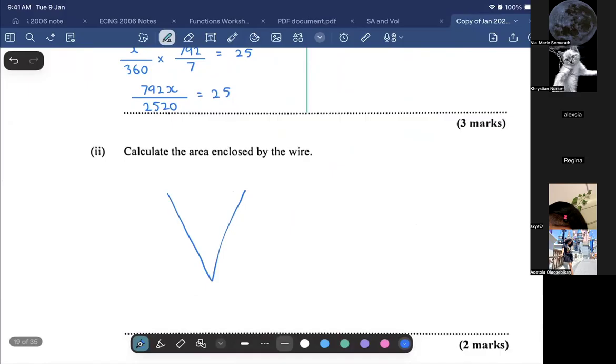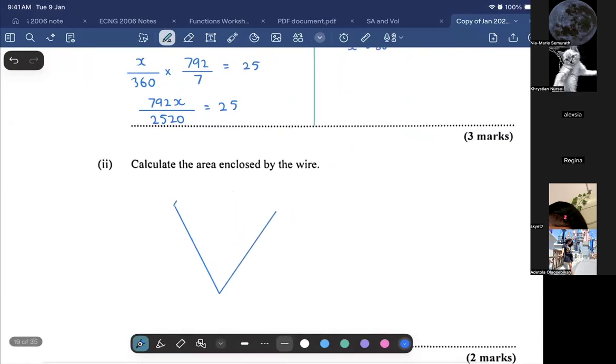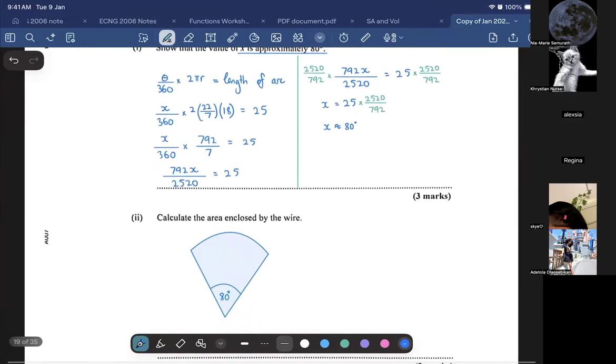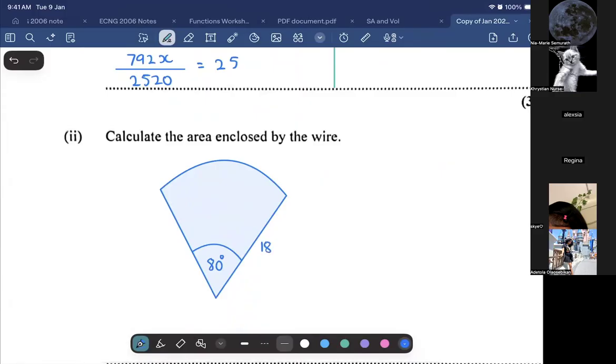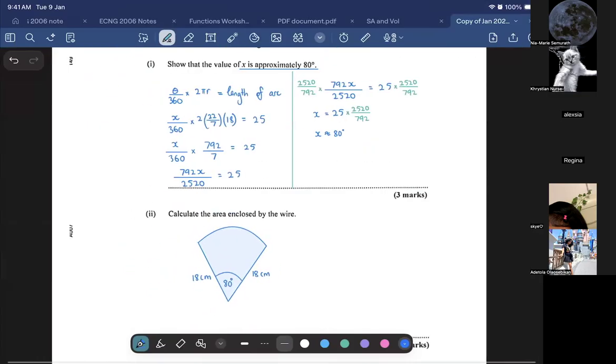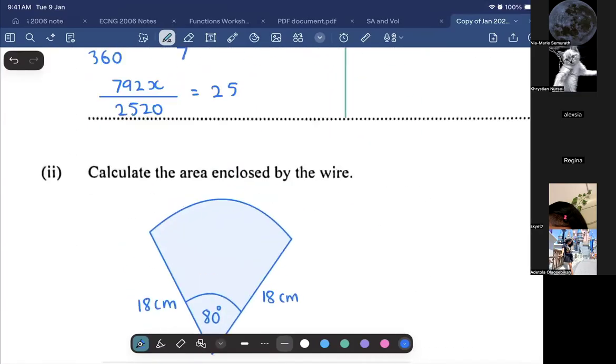What we know the angle to be now is approximately 80. Yeah, 80 degrees. We can use that because it said approximately 80. 18 centimeters, and 25.